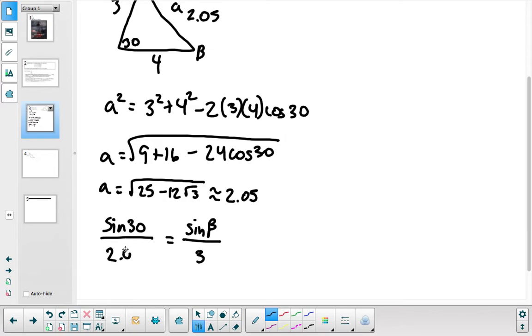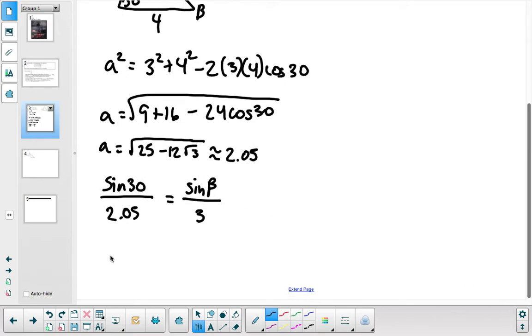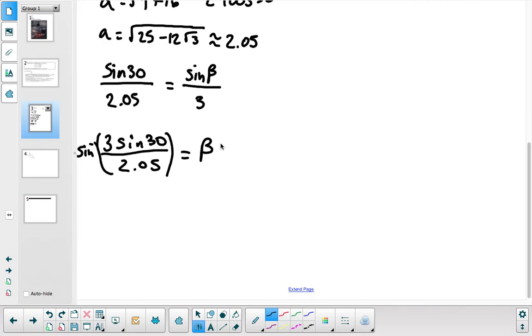And again, air quotes, 2.05. Use the entire decimal. I'm going to multiply by that 3 to get it in the numerator. And then I'm going to take the inverse sine of this, kind of in one step. So beta is that. If you go through and type that in your calculator, you should get that beta is about 46.9.